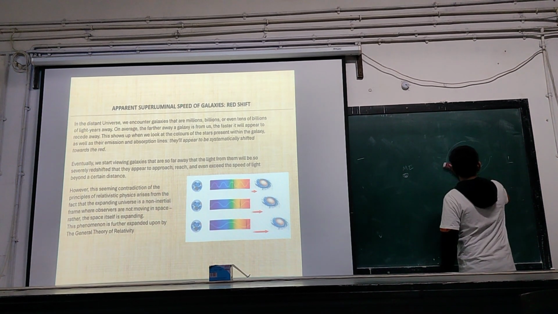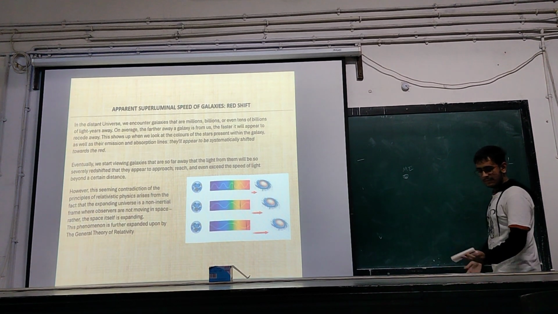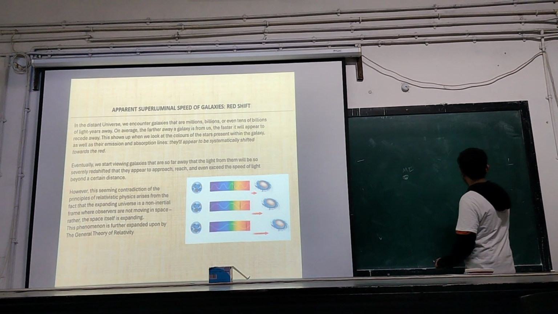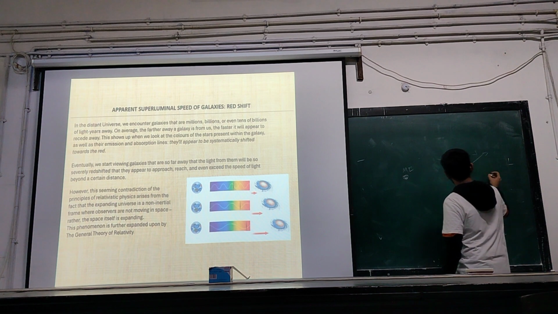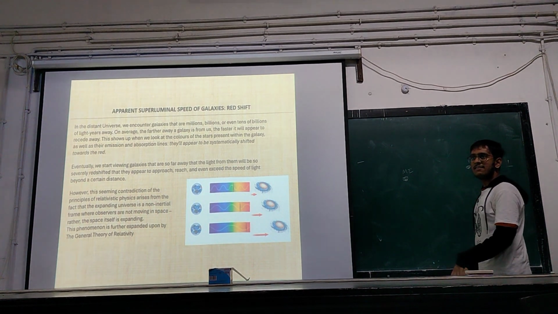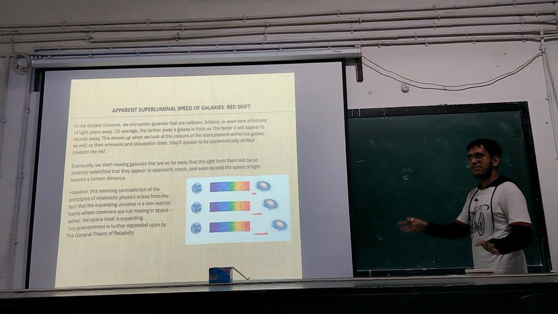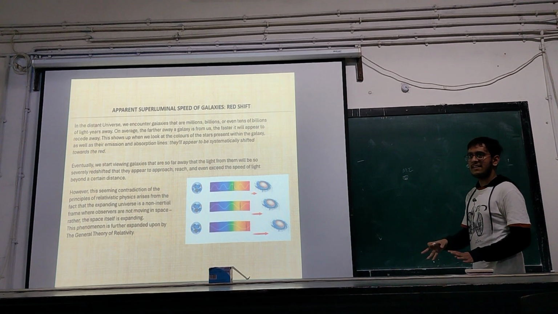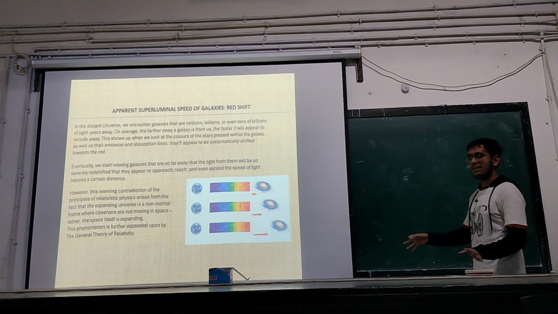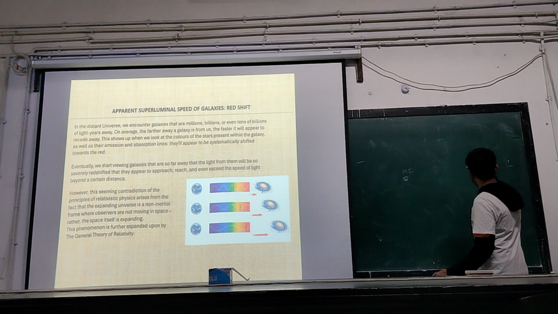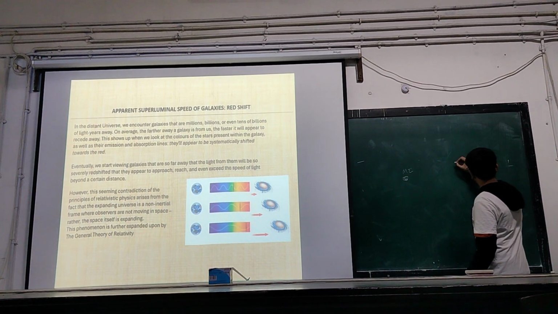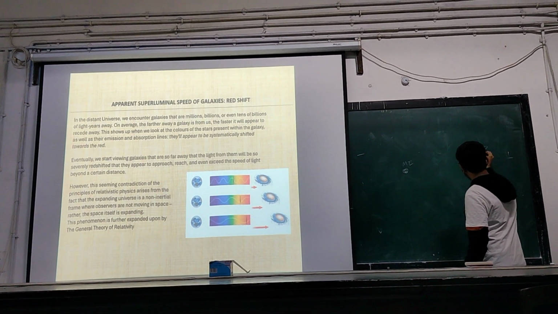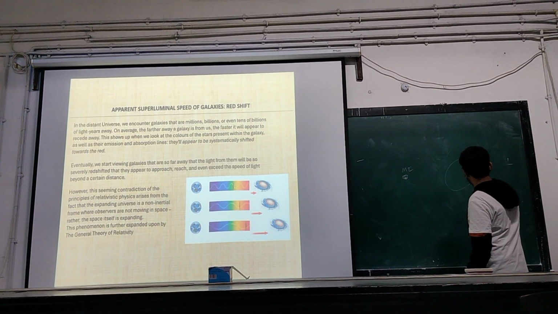Now, if the particle is moving away from me with velocity v, it doesn't emit radiation with uniform wavelength in all directions. If it's moving in this direction, essentially something like this.